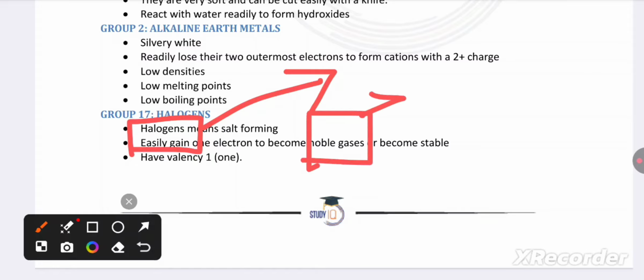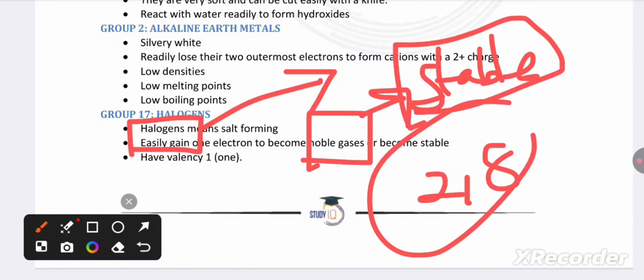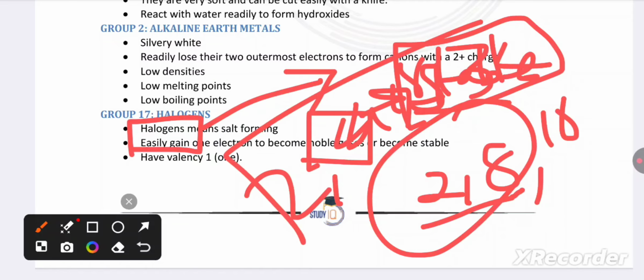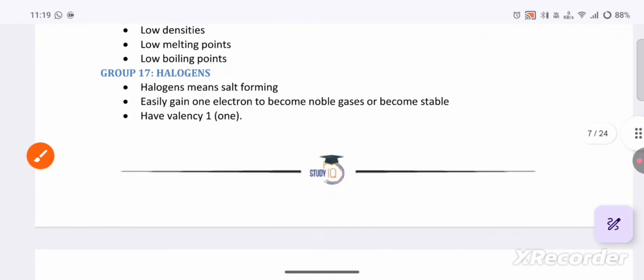A noble gas is stable, perfectly filled like 2,8 or 2,8,18,32. They don't have excess, they don't have less. That is called noble gases.